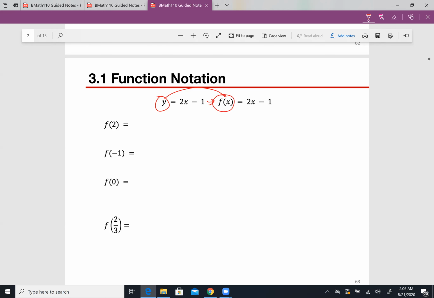And now I have f of x equal to 2x minus 1. And remember that in here, we call x the input, and f of x we call the output.